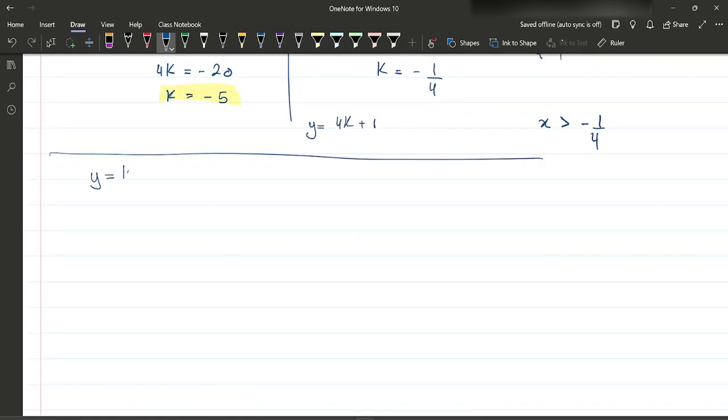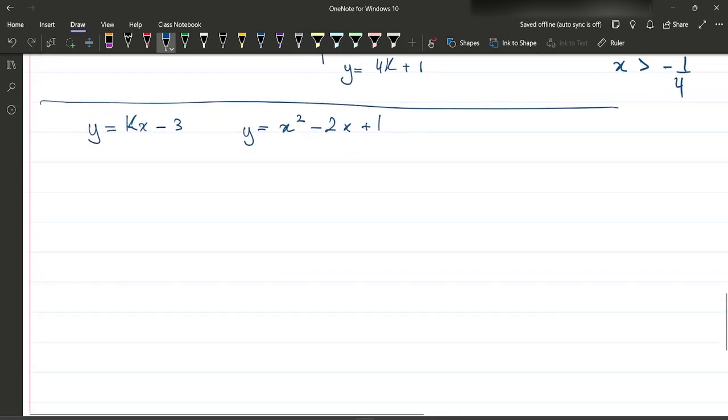y equals kx minus 3, and y equals x squared minus 2x plus 1. Okay, so they said the line does not intersect. Okay, so what value does the line not intersect? So b squared minus 4ac is less than 0. Alright, so let's quickly do this as well.